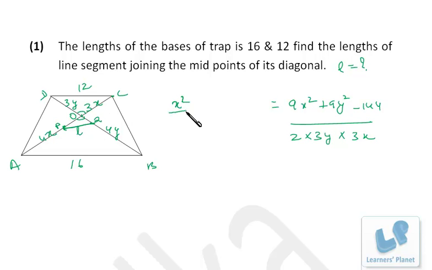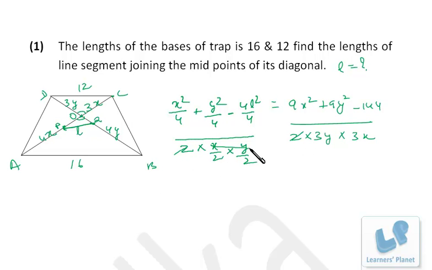So that's x square by 4 plus, similarly from this point to this point, it will be y square by 4 minus L square. So I write 4L square by 4. So I get the same by 2 times x by 2 into y by 2. Right? This 2 is cancelled, xy is cancelled, this 4 and this 4 are cancelled.